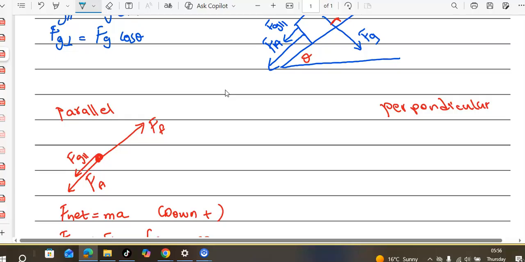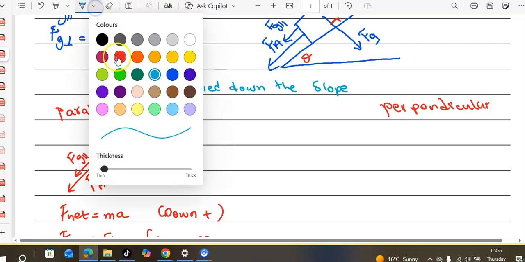So if the force is applied down the slope, for parallel, that is the formula you're going to use.